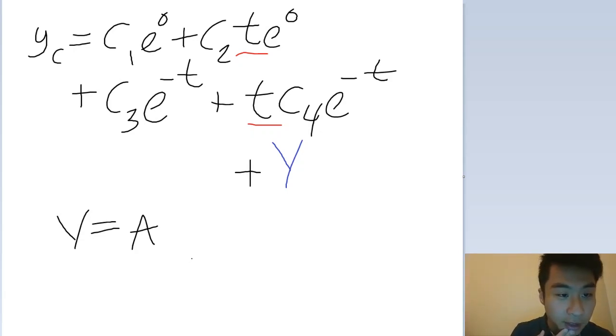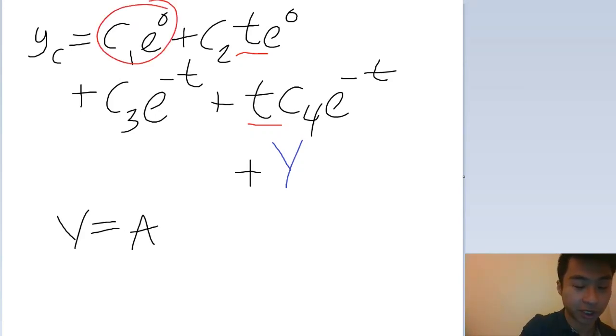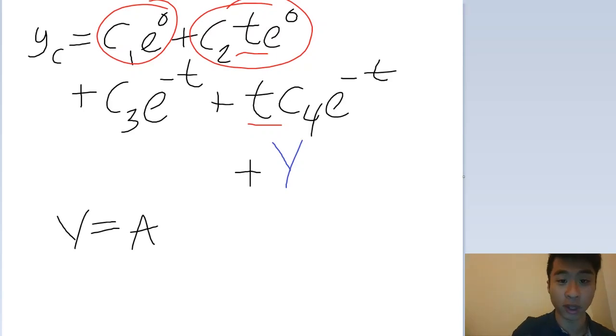And we want to multiply by these t terms here because once again these are repeated roots. So now that we have the homogeneous solution, we can take our guesses as to what will solve the rest of this equation.